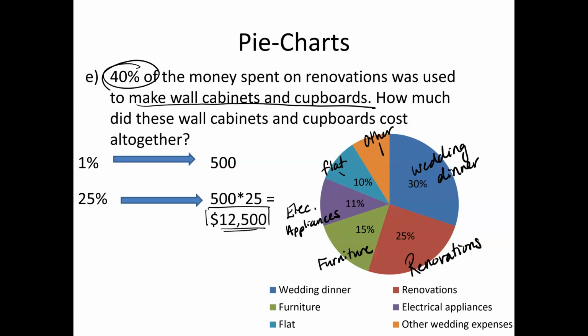So now let's find 40% of $12,500. And we'll set that up like this, and then we can do some cross canceling. And once we've multiplied that out, we've got 4 times 1,250. Don't cancel out too many zeros here, guys, or you won't get the right number. And we're going to get $5,000.